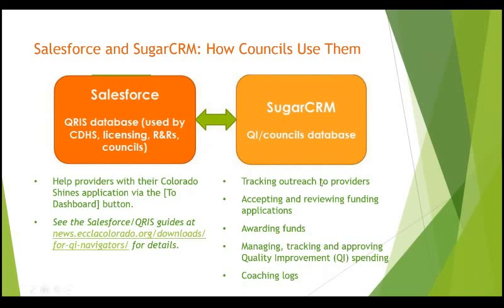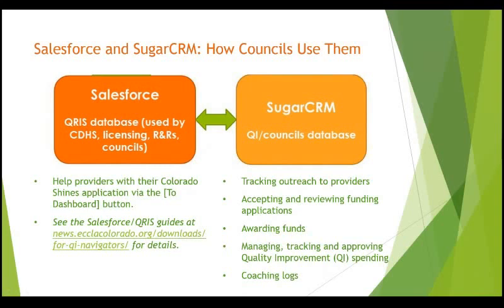then that is something that you can track in Sugar, so you can keep track of who you reached out to, and if they are interested, if they said they're not, if they said never call me again, etc. That is information that you can track in Sugar to keep on top of, to manage, to keep records of. It's also where you can accept and review applications for CDHS administered funding.